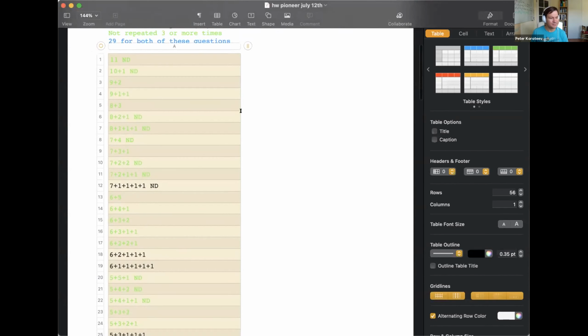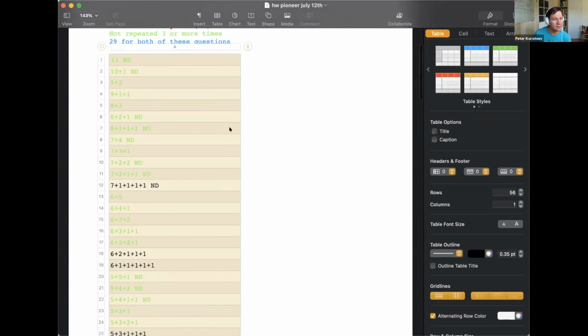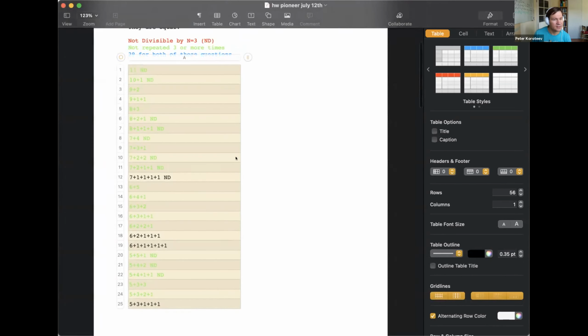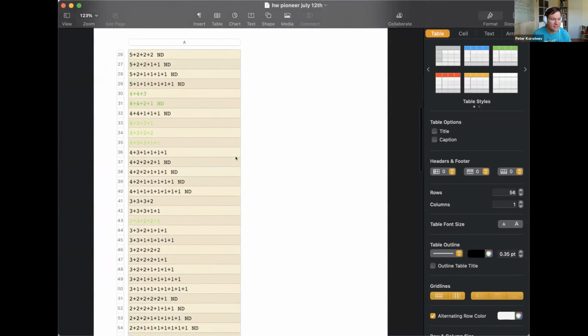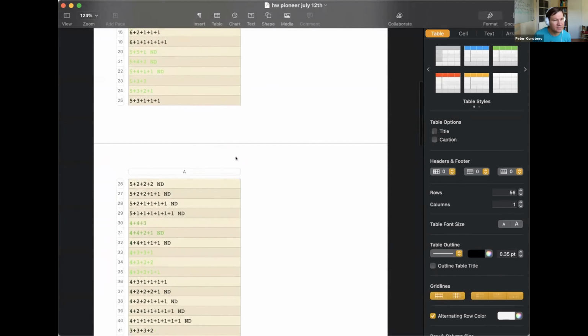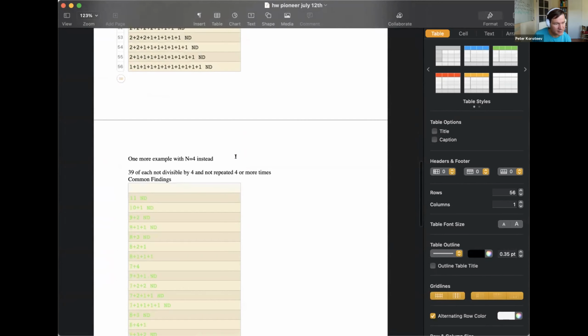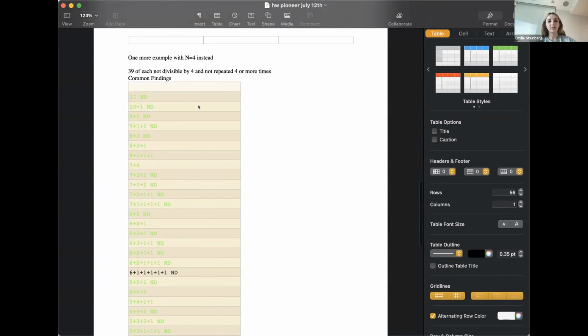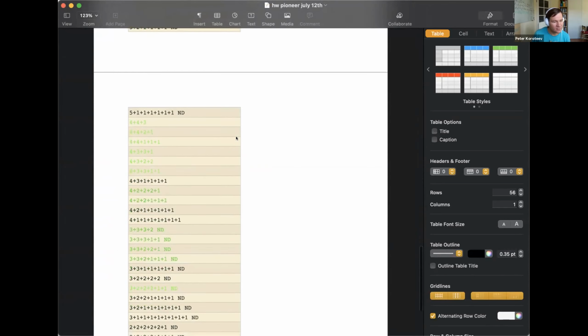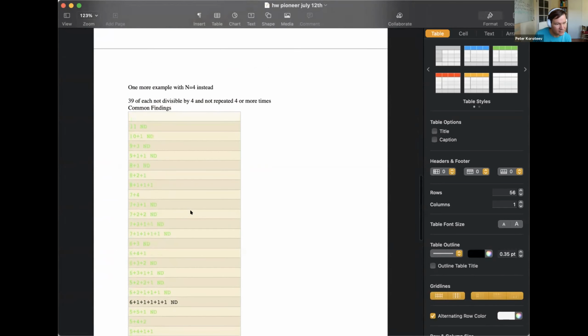Did you do only 11, or a smaller number maybe? I also tried it with not divisible by 4 and not repeated 4 or more times, but I still did it with a partition of 11. And how many did you get in each? I got 39. Yeah, that's pretty good.